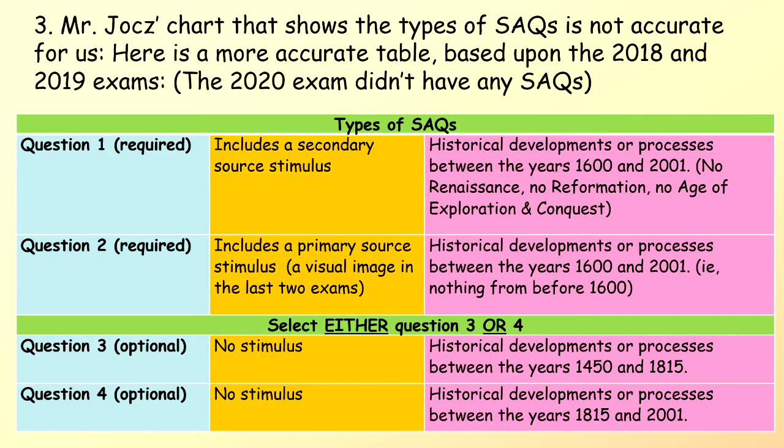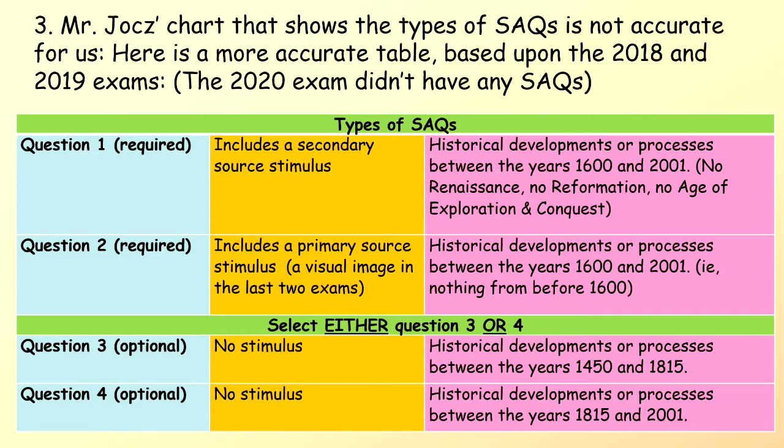The real difference between this chart and Mr. Jocz's chart is the historical time frame. Notice that it's the same in both questions 1 and 2. It's historical developments or processes between the years 1600 and 2001.